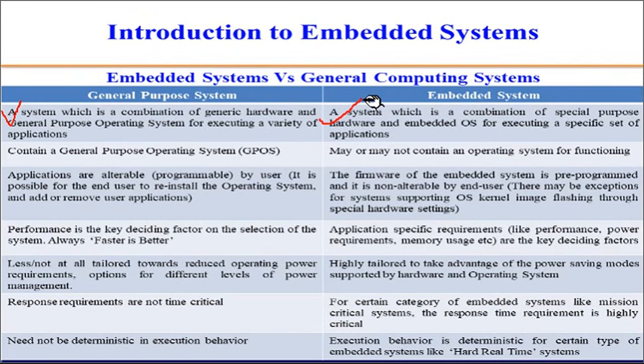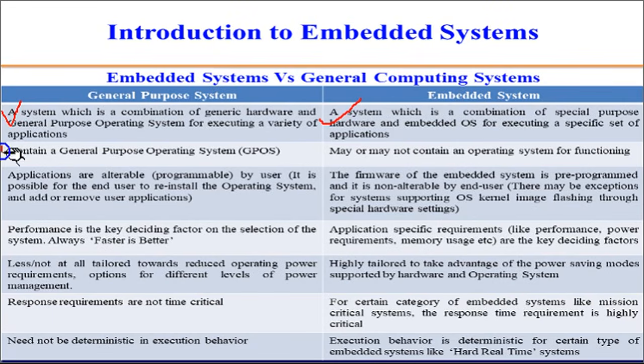As in the example we took, a washing machine consists of only the hardware which can perform washing of clothes, and it may have some embedded OS, or we can say software, which will be specific to that system itself. So that is the first comparison.